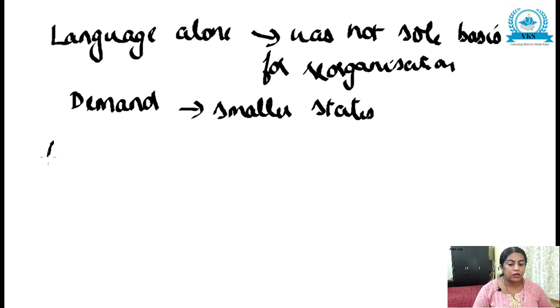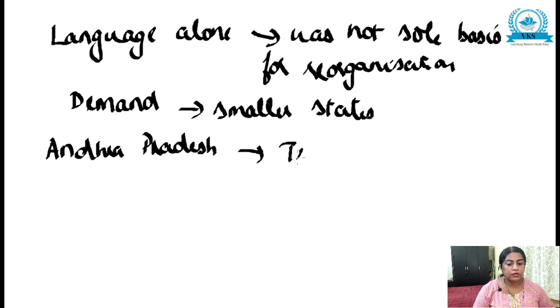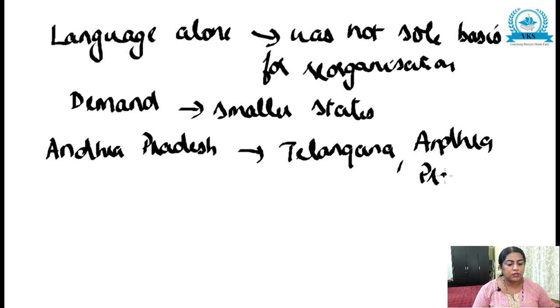For example, Andhra Pradesh was bifurcated into Telangana and Andhra Pradesh. So we can say that there are still many demands for smaller states, for regional, cultural and other reasons.